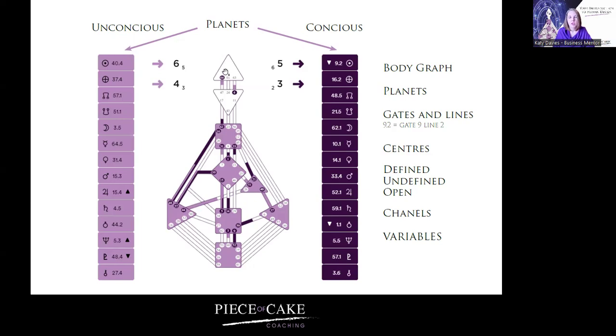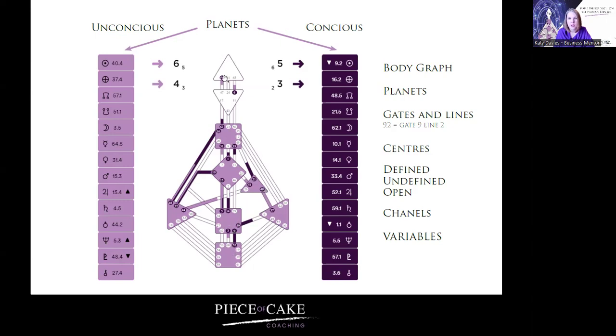Okay, so can you see up here? The defined centers are the ones that are coloured in, and the undefined centers are the ones that are white or not coloured in. All of these defined centers are coloured in and they're defined because if you trace it back, there are channels, i.e. two gates connected, between all of them.